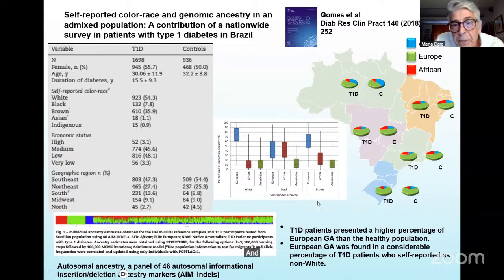And if they are admixed, they have more white European ancestry, and also have some black sub-Saharan African ancestry. There is very little Amerindian background in these type 1 diabetes patients.